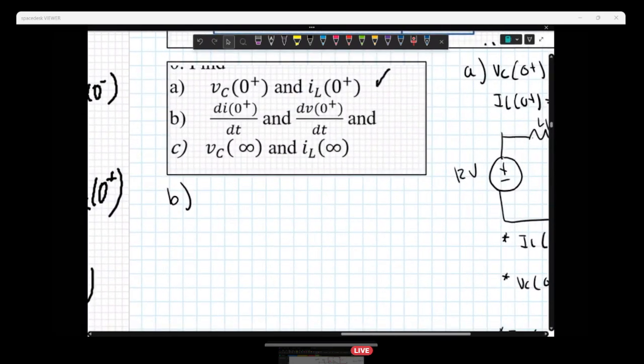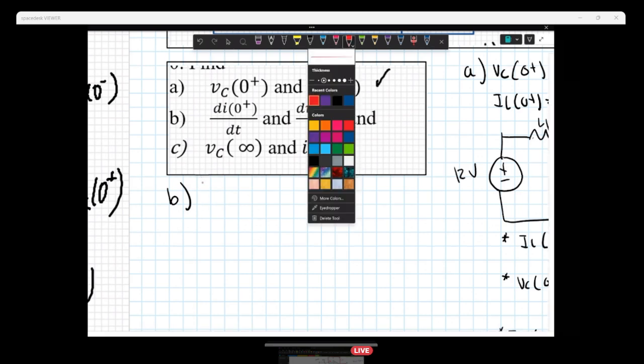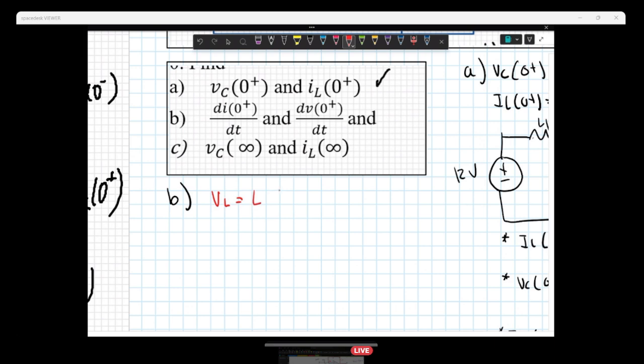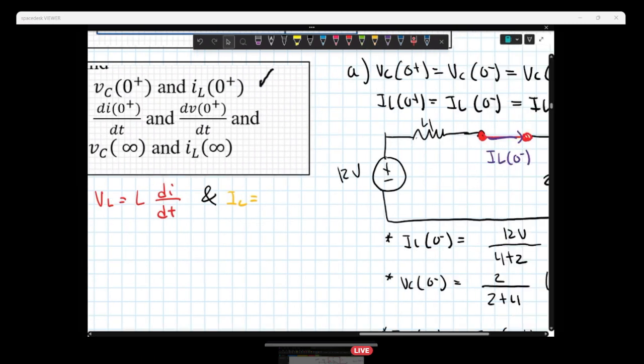So you have these equations you could use. For an inductor, the voltage of an inductor is equal to L di/dt, and you have the current. I just did here. For the capacitor, the current is going to equal C dV over dt.